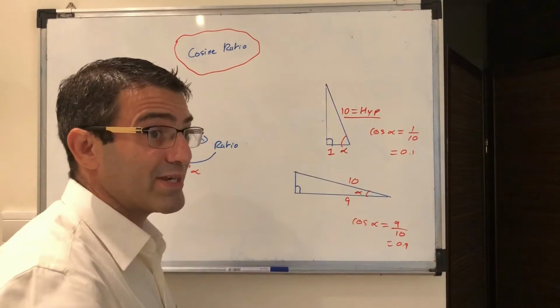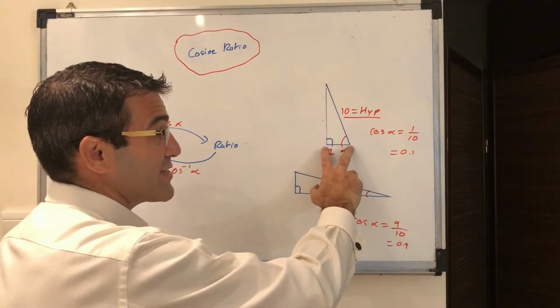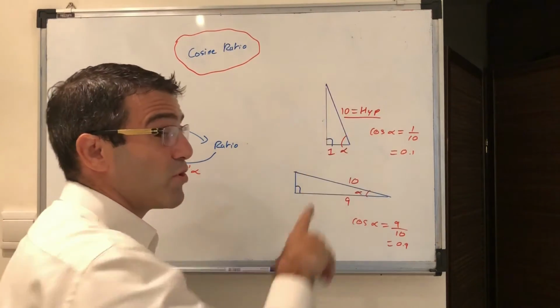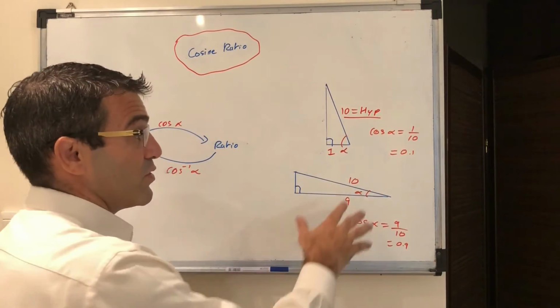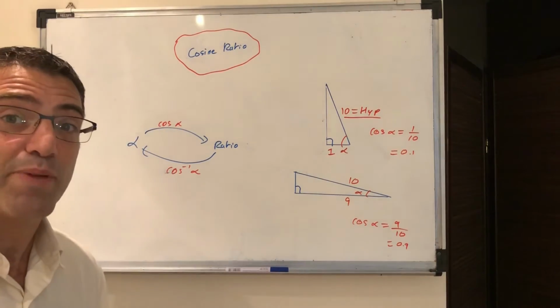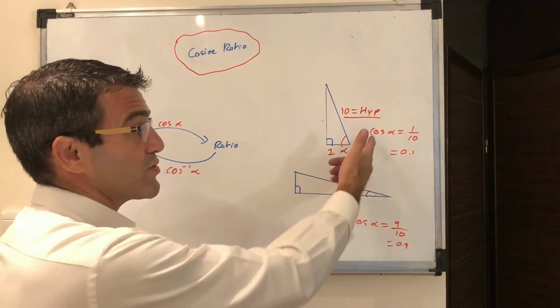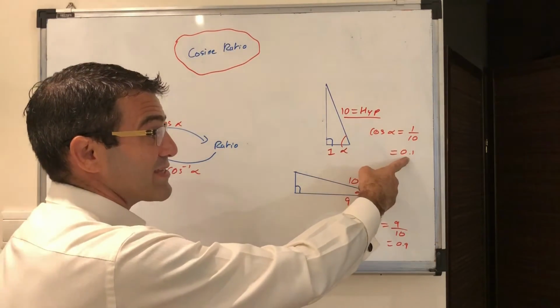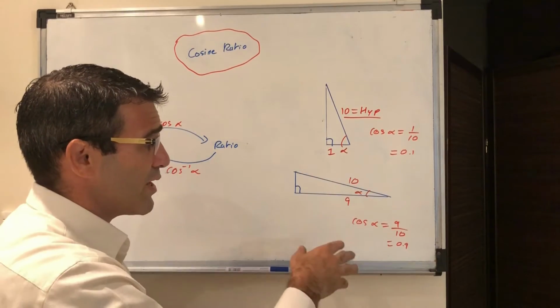Then the ratio 1 to 10. So anytime you have an adjacent side which is 10 times smaller than the hypotenuse, you're going to have a super wide angle. So when the cosine is 0.1, expect to see a very big angle. In this case, the cosine means that the adjacent side is 10% of the hypotenuse. So the angle is quite large.